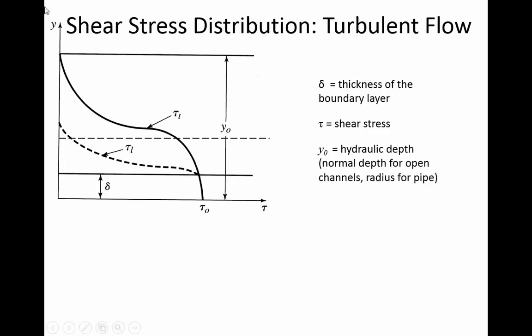Just think about it at a single location. This dashed line is, let's say, maybe 5 inches from the pipe wall. So if we're saying right here, this is where that dashed line is, but it's a cross-sectional view.